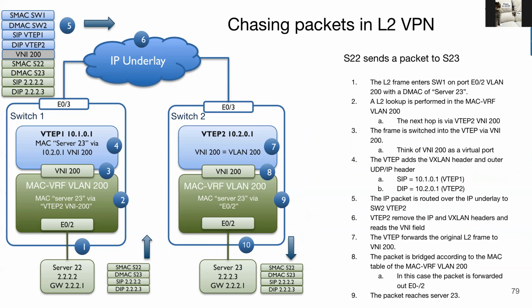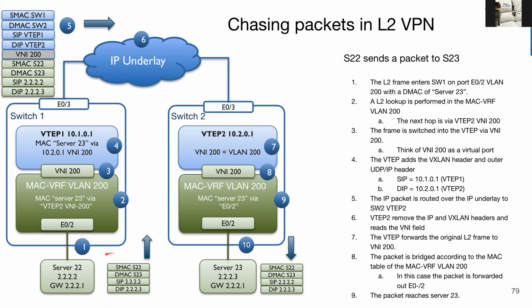So let's make sense of what we're looking at here. We have this server 22 who wants to reach out and talk to server 23. Server 23 is on remote VTEP 2.